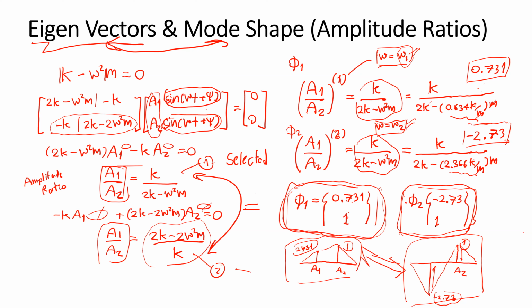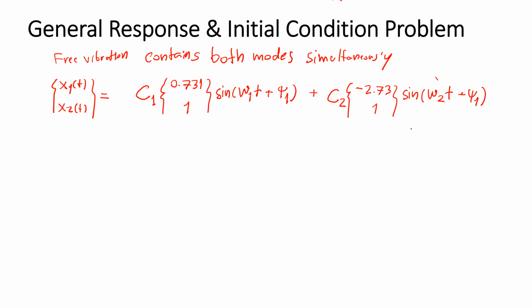The second amplitude ratio corresponds to the second mode of the natural frequency. So if you see here, this is the first amplitude ratio. This is the second amplitude ratio. And it corresponds to the first natural frequency. And this is the second natural frequency.